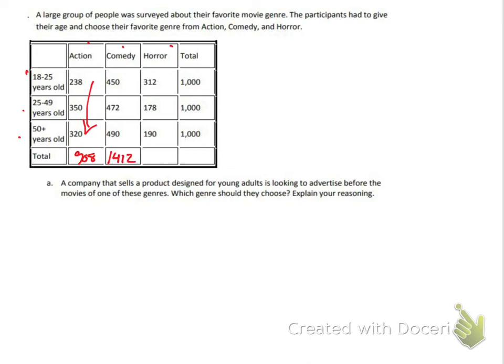And then 312 plus 178 plus 190 is going to be 680. Then when we add 680 plus 1,412 plus 908, we should get 3,000. It looks like we got 3,002.